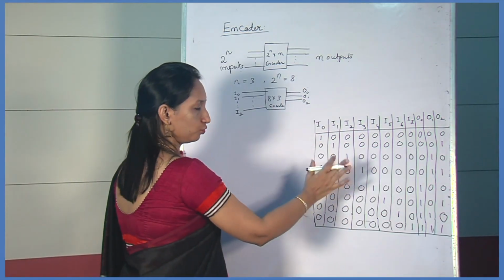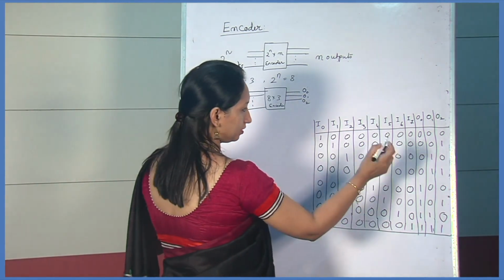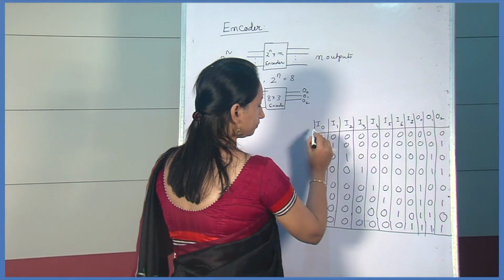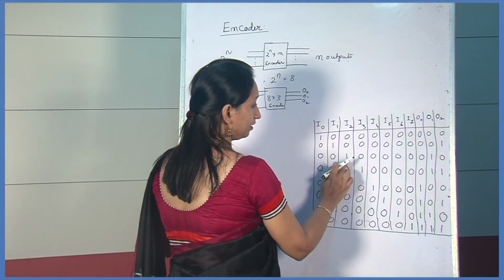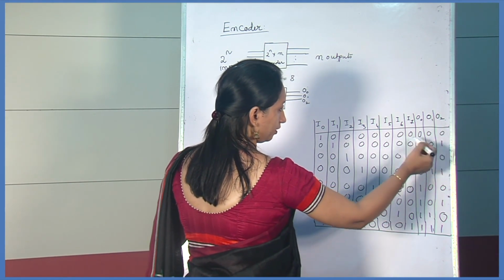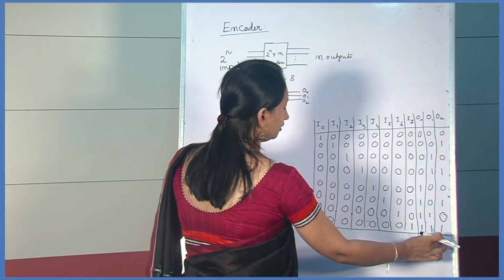Now this is the truth table of the 8x3 encoder. Here at a time only one input signal is high, and similarly these are the outputs of the encoder.